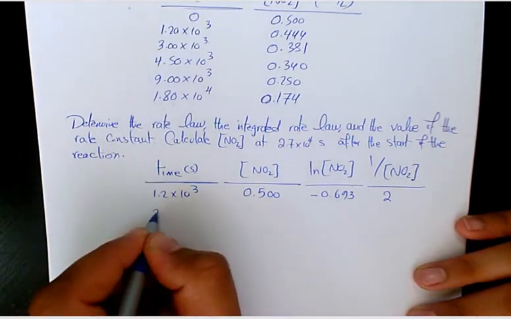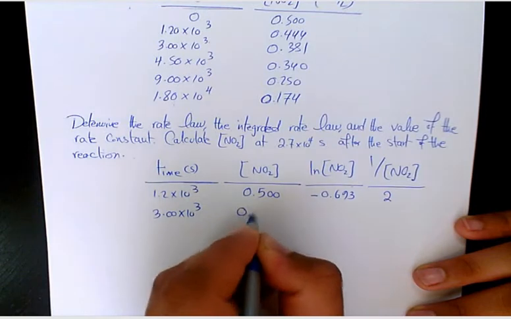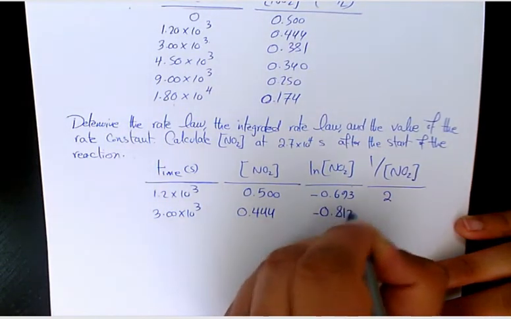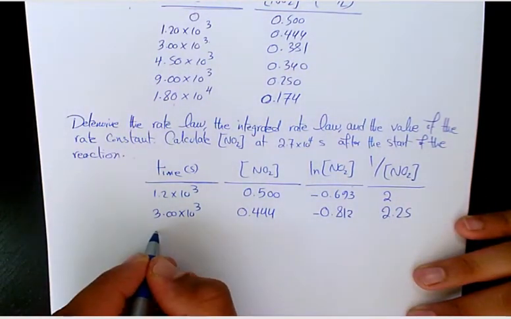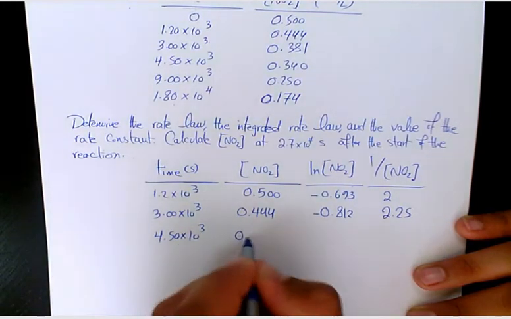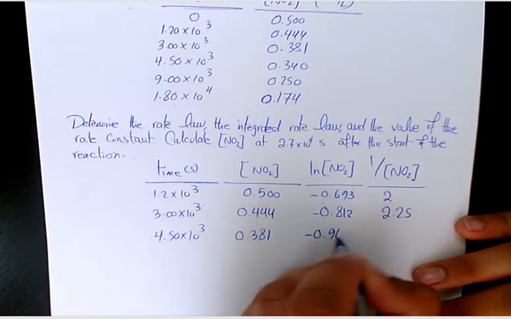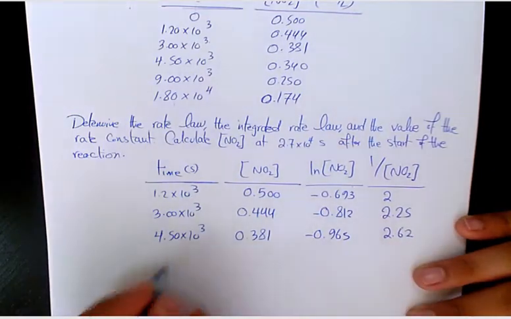Next one is going to be 3.00 times 10 to the power of 3, 0.444, negative 0.812, 2.25. Here we have 4.50 times 10 to the power of 3, 0.381, negative 0.965, 2.62.